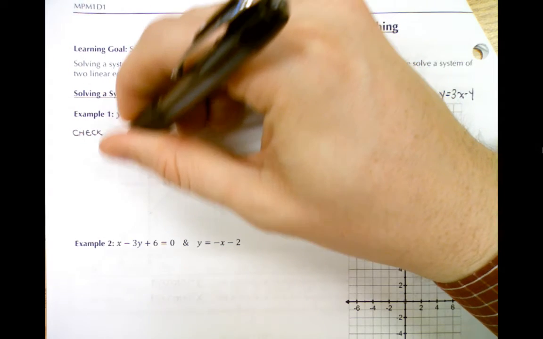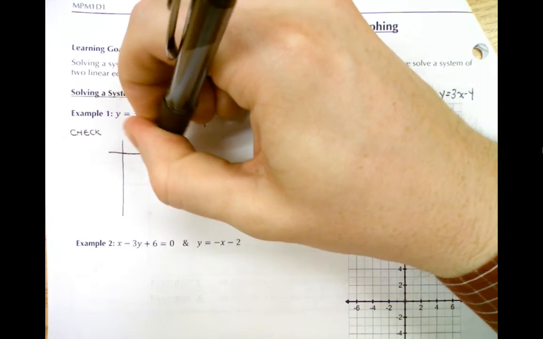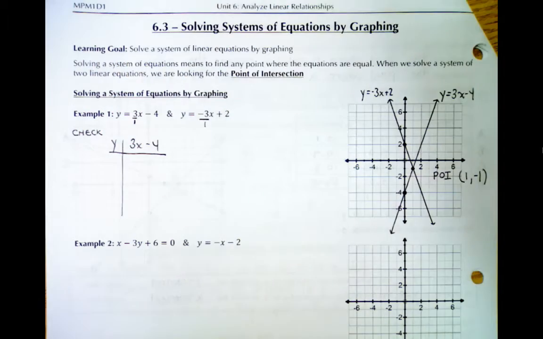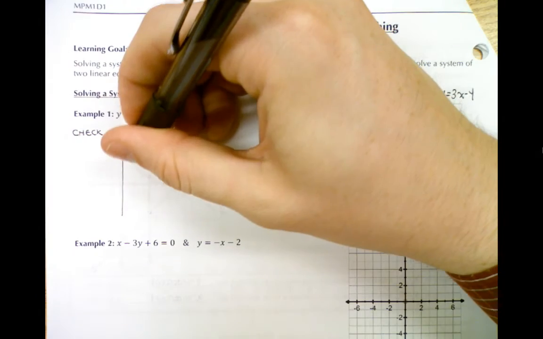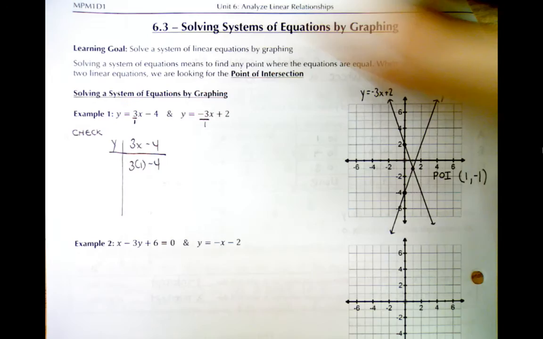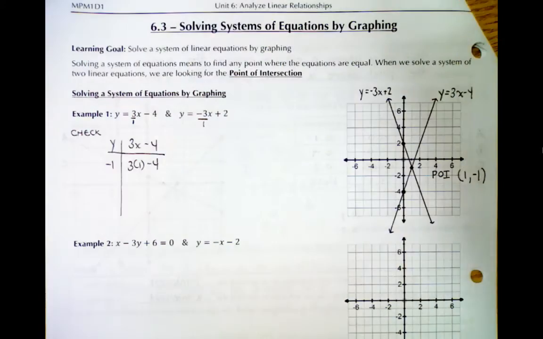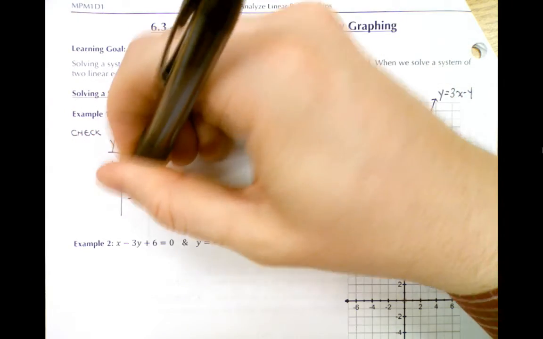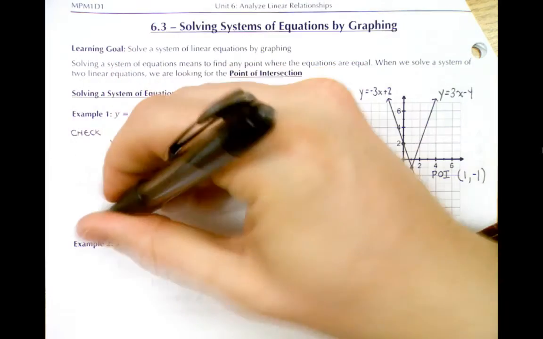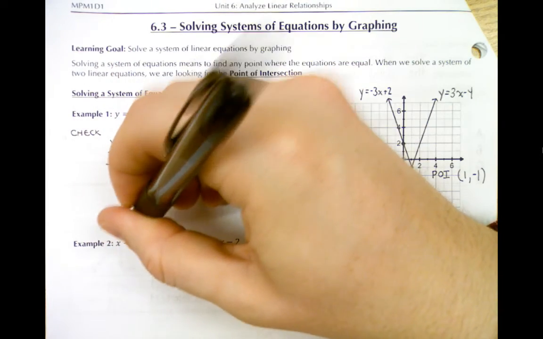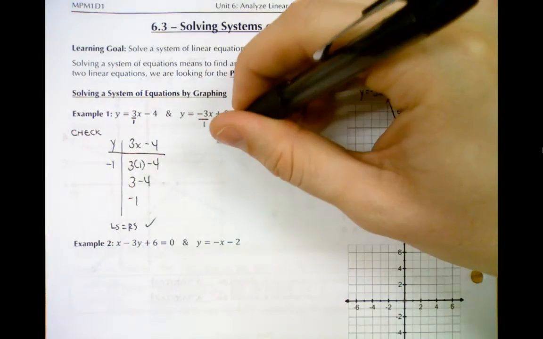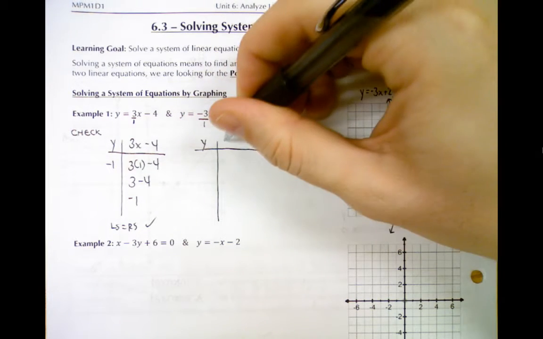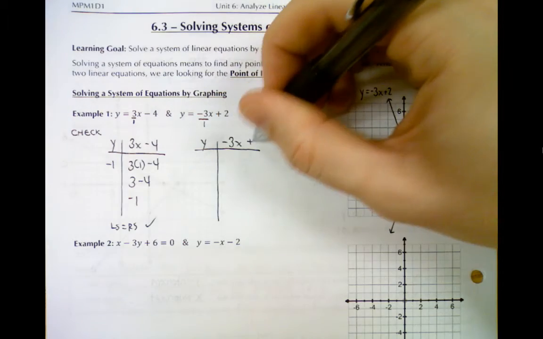So let's try the first equation. First equation is y equals 3x minus 4. 1 for x, 3 times 1 minus 4, negative 1 for y. Do a little bit of math. 3 times 1 is 3 minus 4 is minus 1. Left side equals right side. In our second equation, we have y equals negative 3x plus 2.